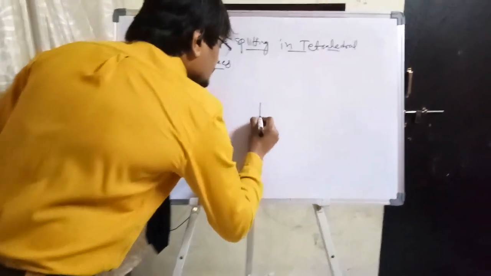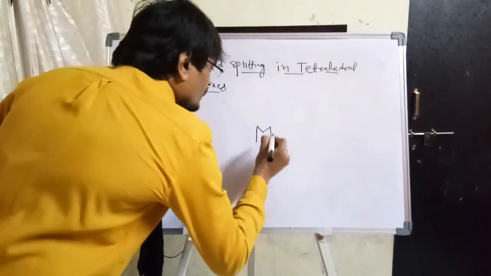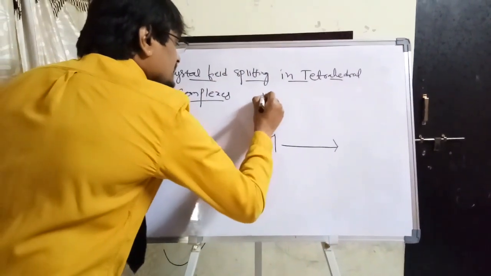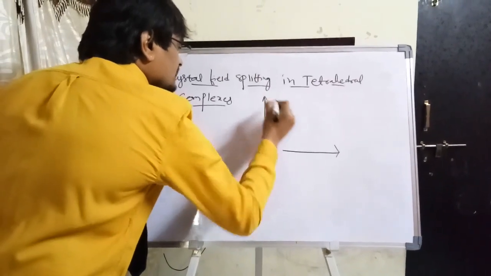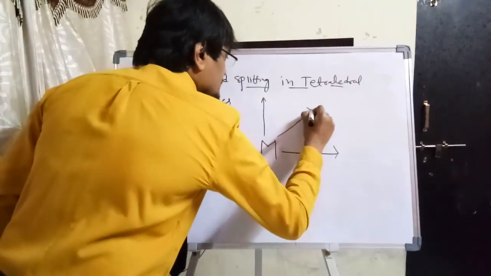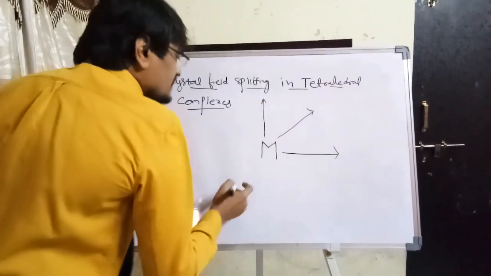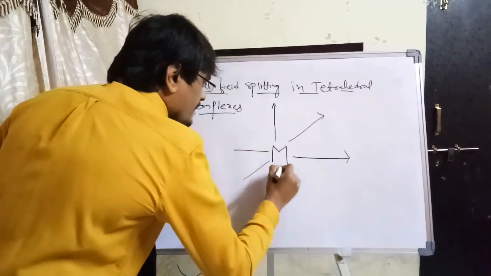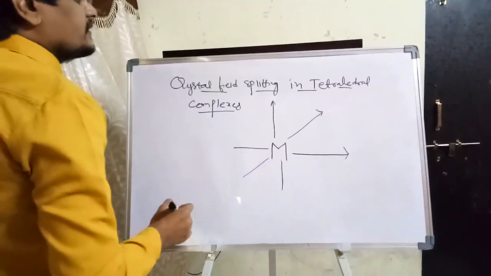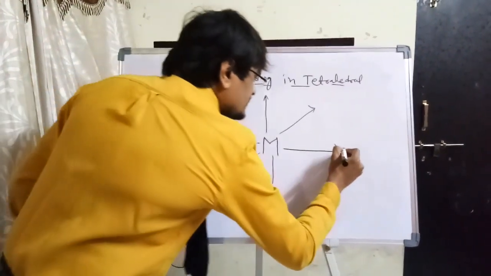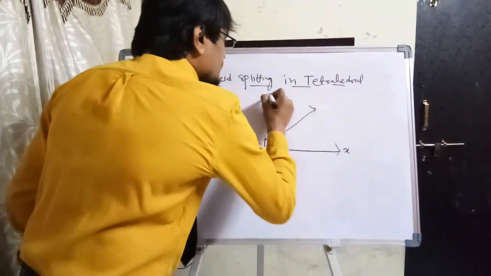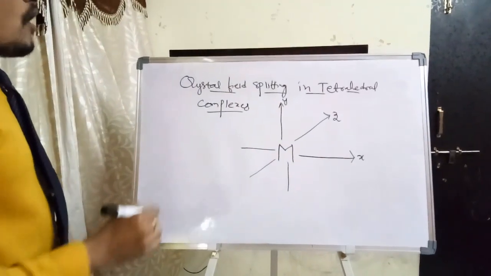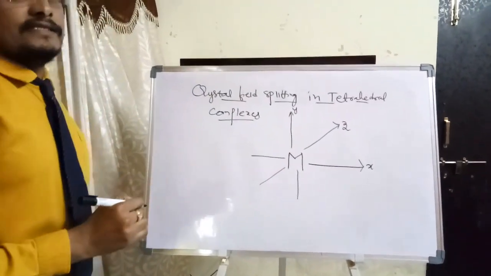So this is the metal, and this is the x-axis, this is the y-axis, and this is the z-axis. Let us extend the axis. Now how are the ligands placed in this?